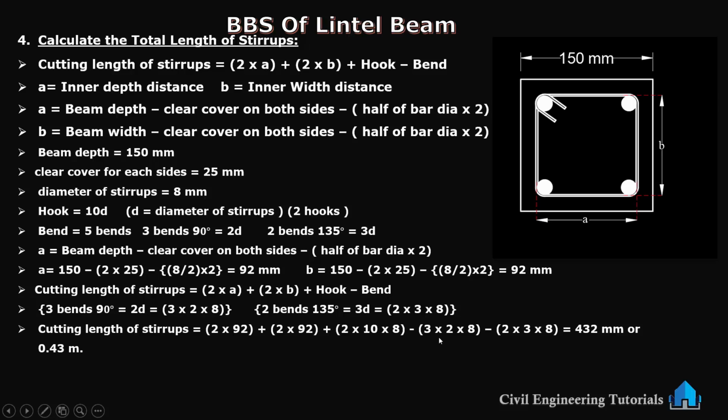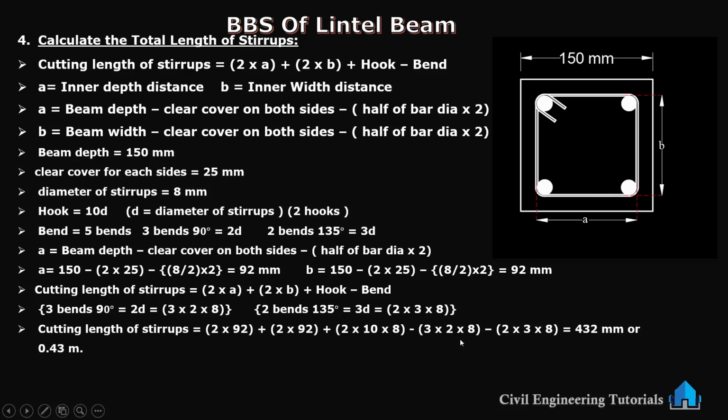So we have 5 numbers of bend. From 5, first 3 bends are 90 degree, for 90 degree 2D, and for 135 degree 3D. I have already said these 3 bends are 2D for 90 degree.